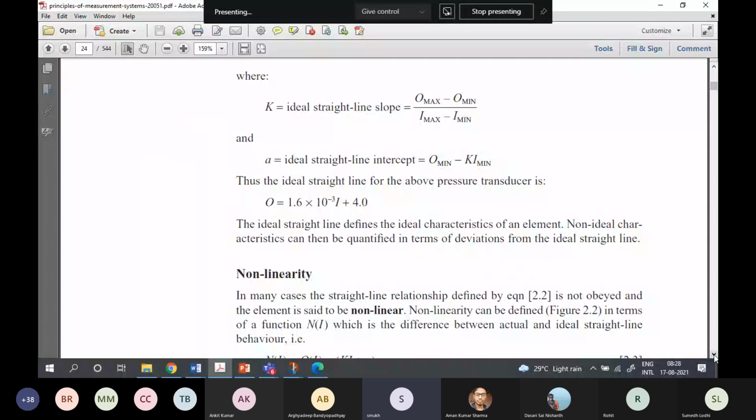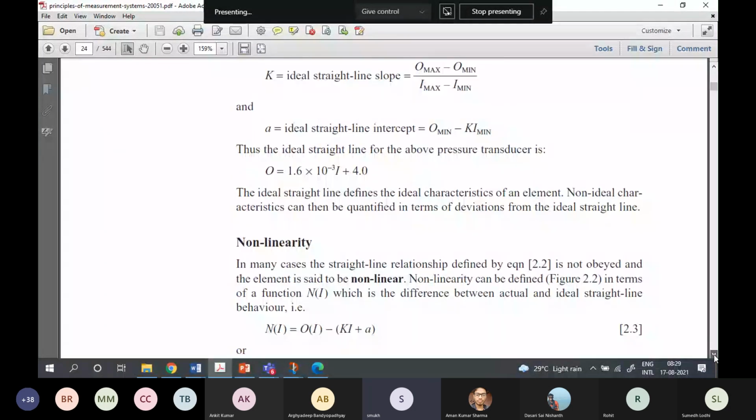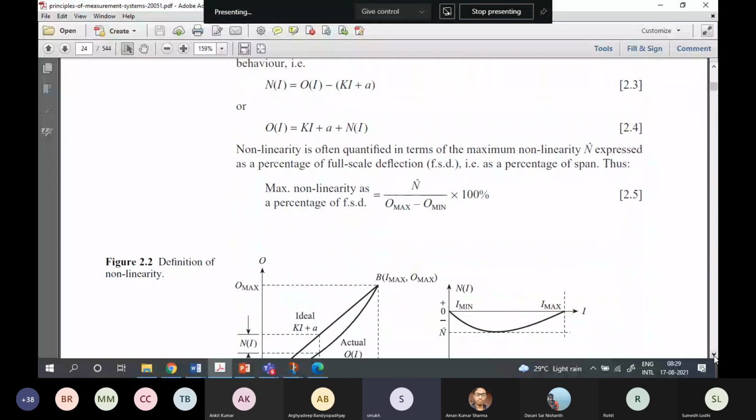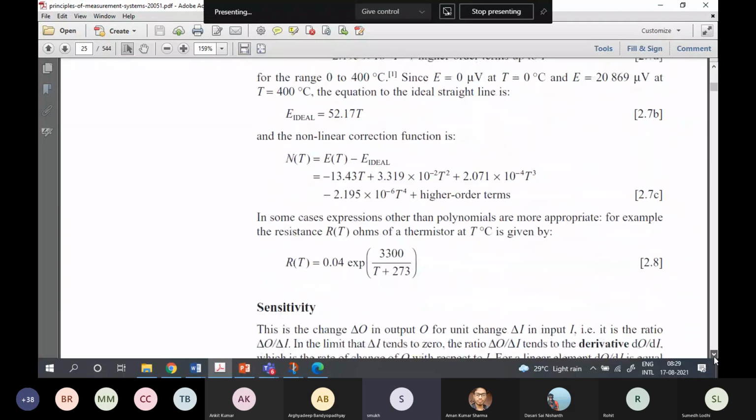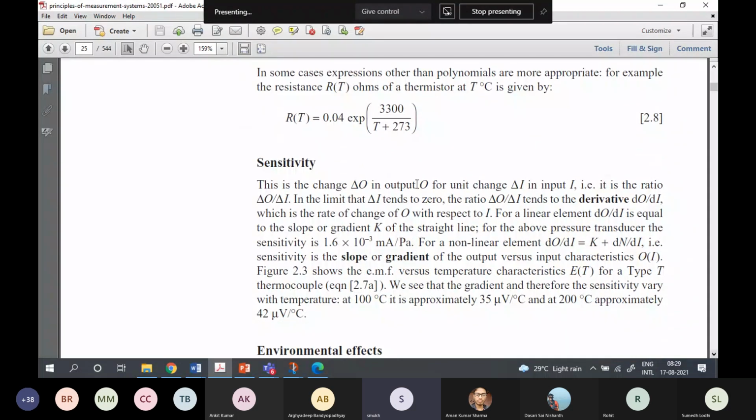Now, we'll talk about nonlinearity a little later, but when you are talking about seeing the instrument as a straight line, you have to say what is the value of k. So the value of k is the sensitivity of the instrument.